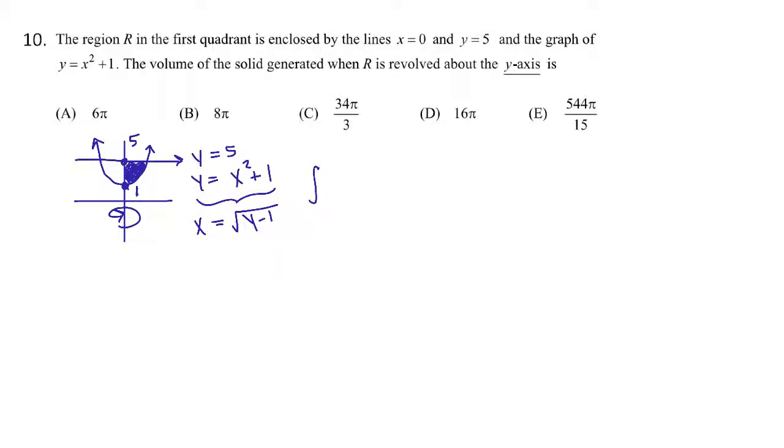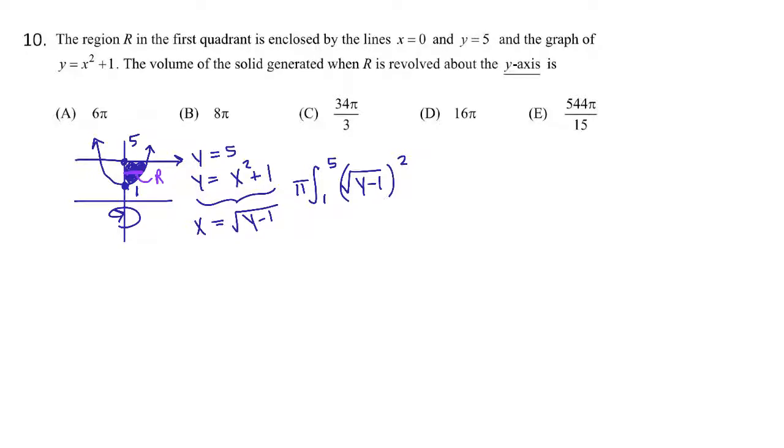So now we're ready to integrate. Volume is going to be pi times from 1 to 5 of the square root of y minus 1, all squared. Again, we don't have a little r because we are flush with our axis of rotation. So we really only have that one big R, and you do right to left when you're setting this up.